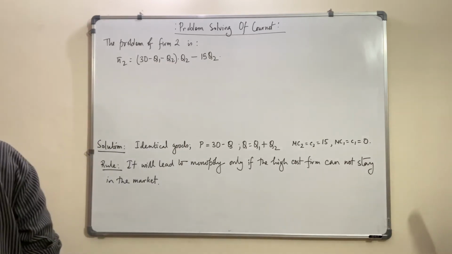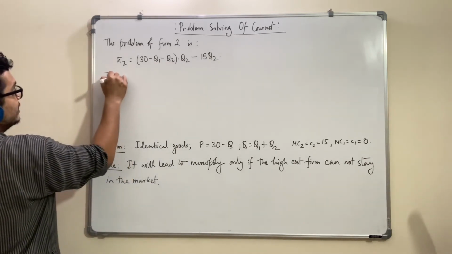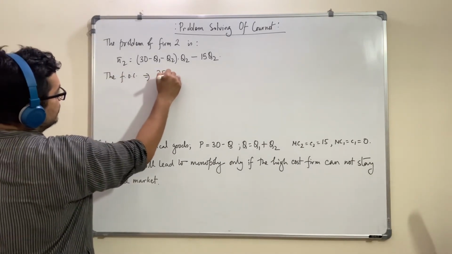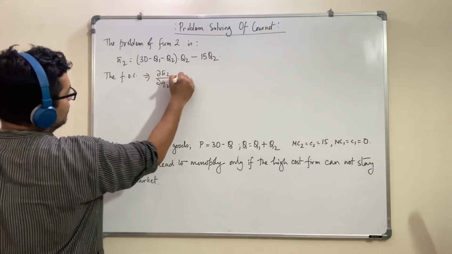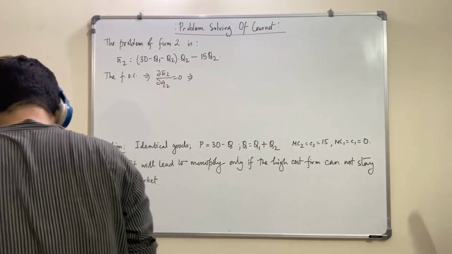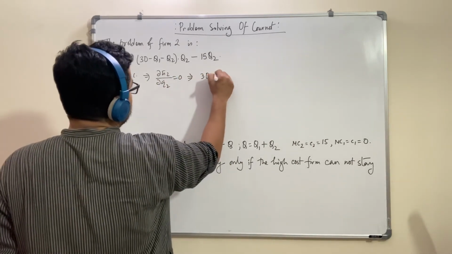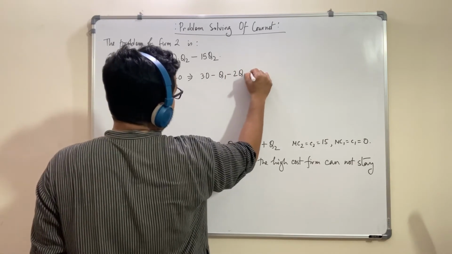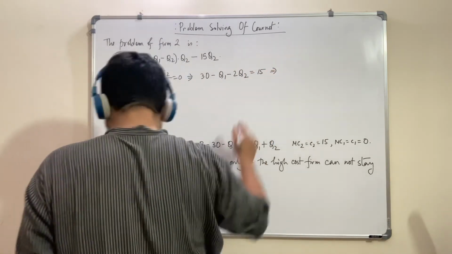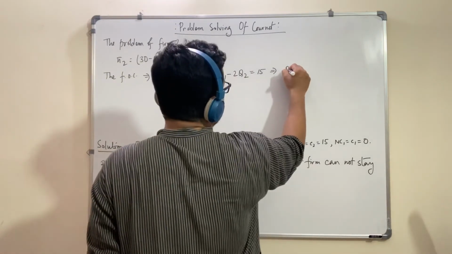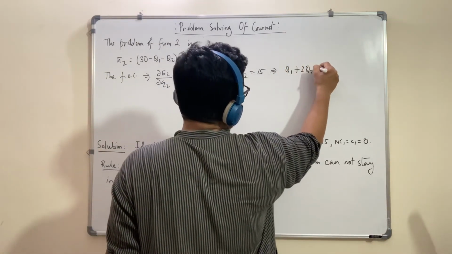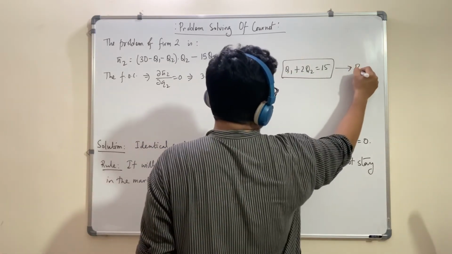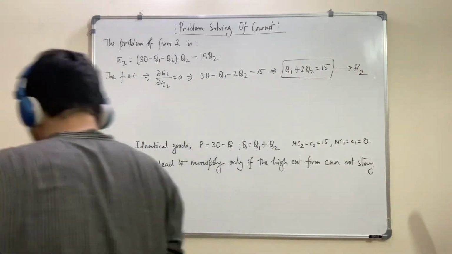Now the FOC implies del pi 2 del Q2 equal to 0, which is 30 minus Q1 minus 2Q2 equal to 15, which again implies that Q1 plus 2Q2 equal to 15. So this is the reaction function of firm 2.